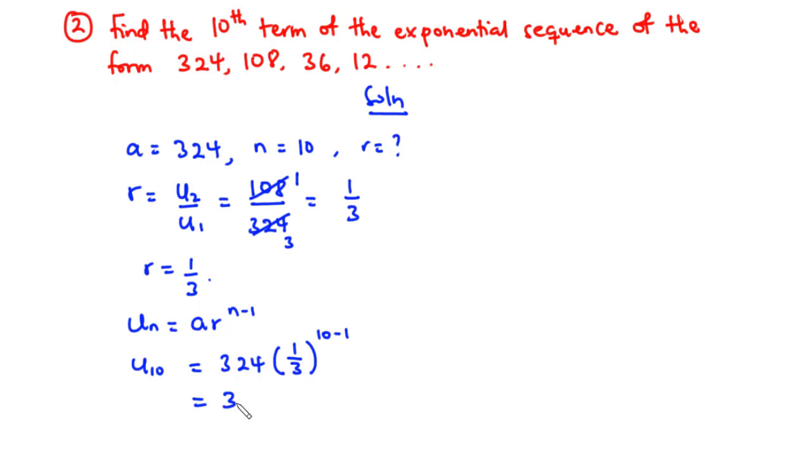This becomes 324 times 1 over 3 exponent 9. Now, according to indices, we can distribute the exponent to both the numerator and the denominator. So that is 324 times 1 exponent 9 divided by 3 exponent 9.